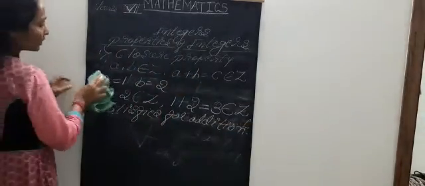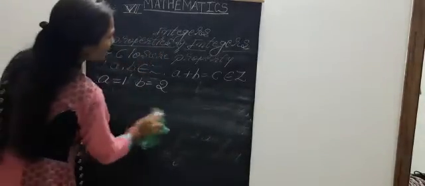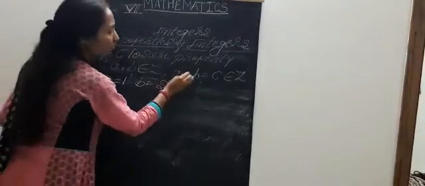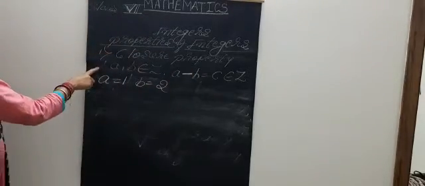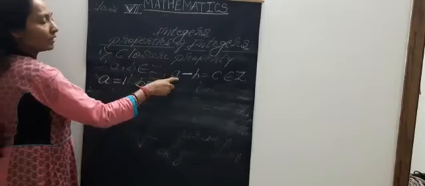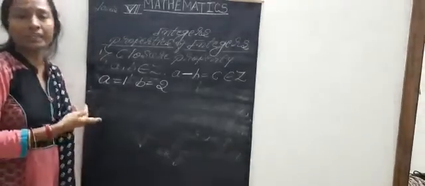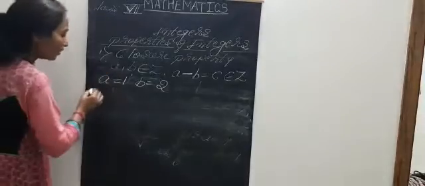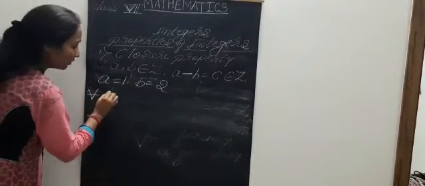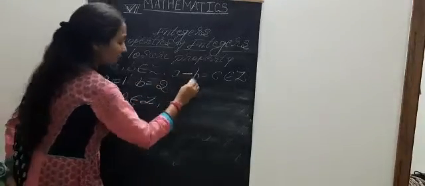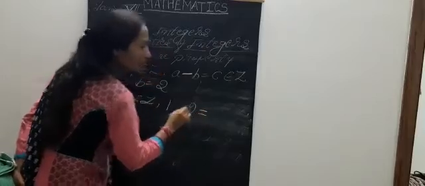Next, closure property for subtraction. The only thing is we need to change the sign here. So instead of plus, we have to write minus. For any a comma b belongs to Z, a minus b is equal to c belongs to Z. I am taking the same example. Otherwise, you can take any numbers which belong to integers. For any a comma b, 1 comma 2 belongs to Z, a minus b, 1 minus 2. 1 minus 2 is what, children?